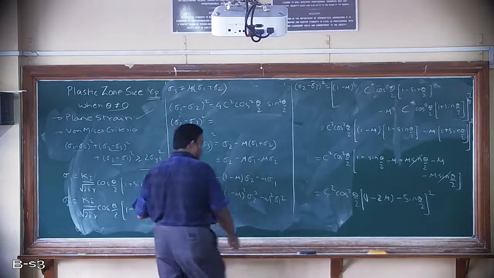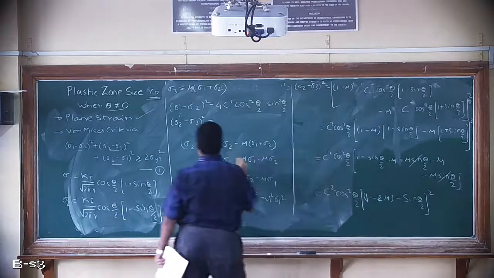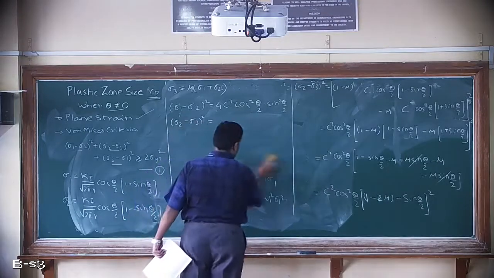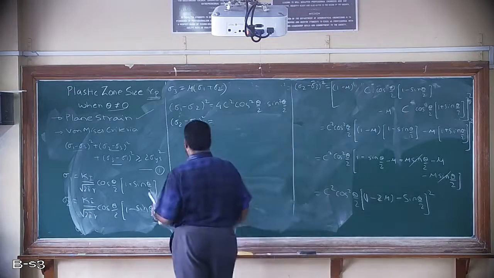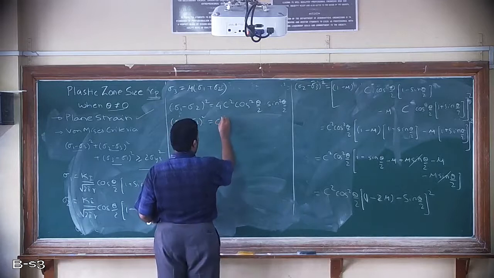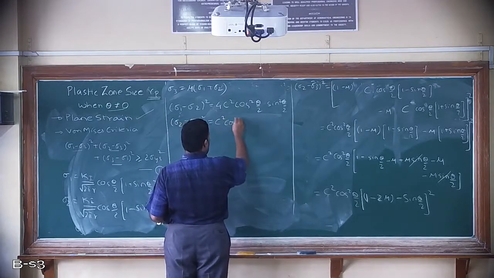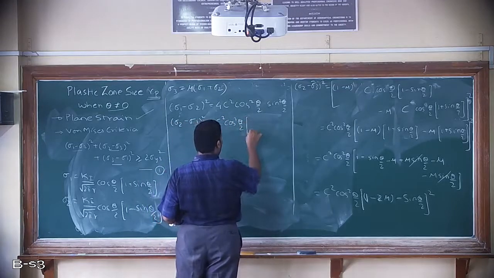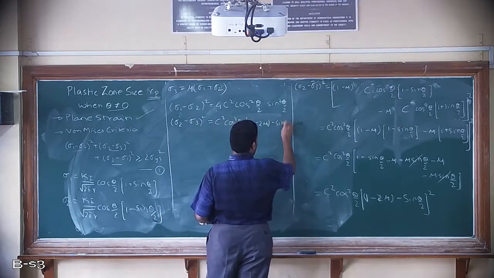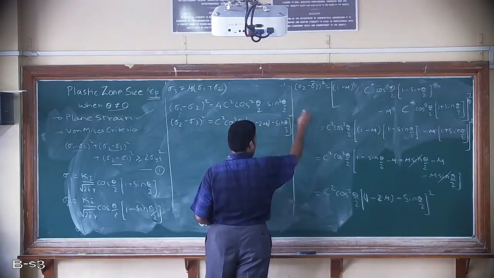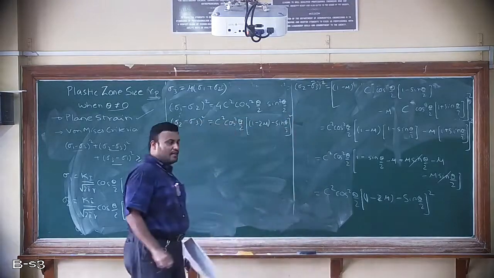So we shall just write that equation for sigma 2 minus sigma 3 the whole square over here. That is c square cos square theta by 2 into 1 minus 2 mu minus sin theta by 2 the whole square. Is that clear?